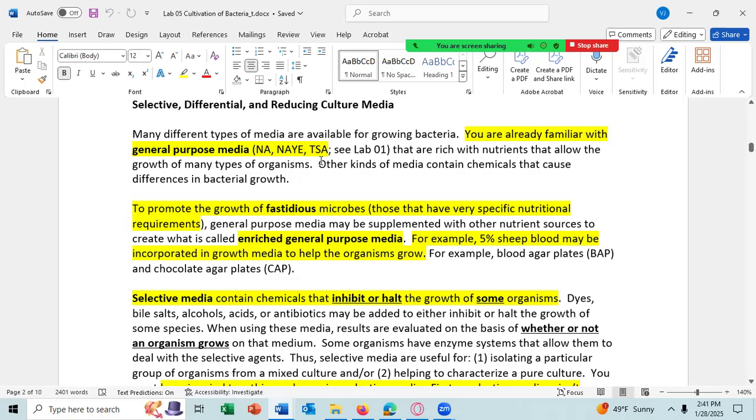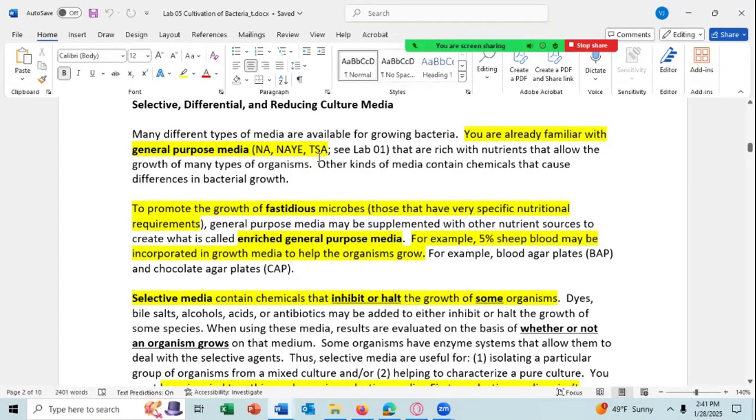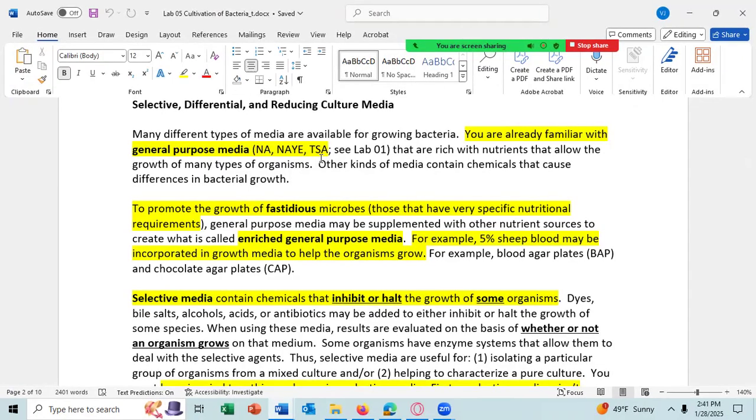These are all rich media that allow the growth of many types of organisms, but do not allow the growth of only certain organisms, and they do not allow fastidious organisms to grow. A fastidious organism is something that requires additives in the media before the organism will grow. And so fastidious organisms don't grow on general purpose media.